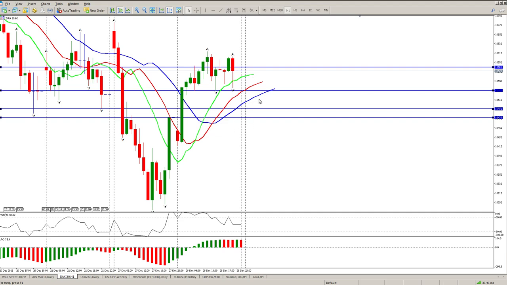So that's kind of what I'm looking at the moment. This could also just consolidate. In other words, come back down to 10,530, and then we bounce off there again to the upside. That is also a possibility, just bear that in mind. We do have a bit of a double bottom here that has played out.